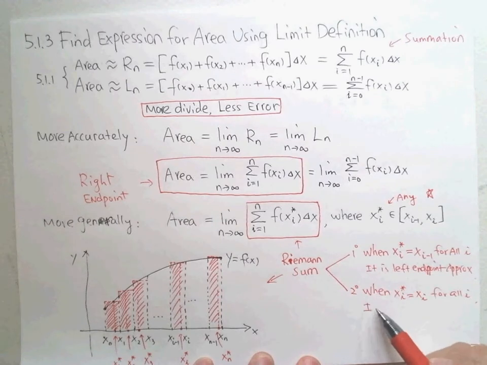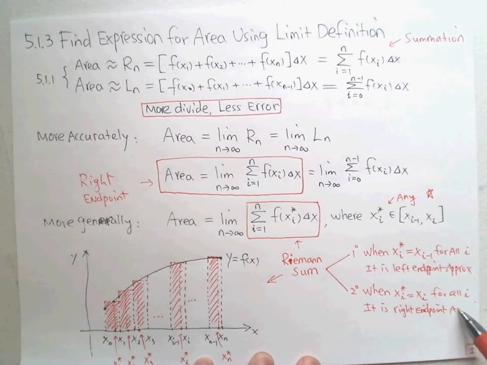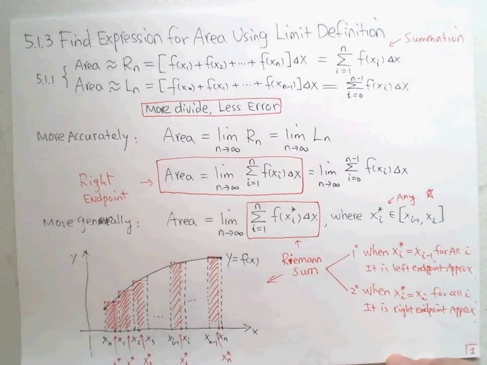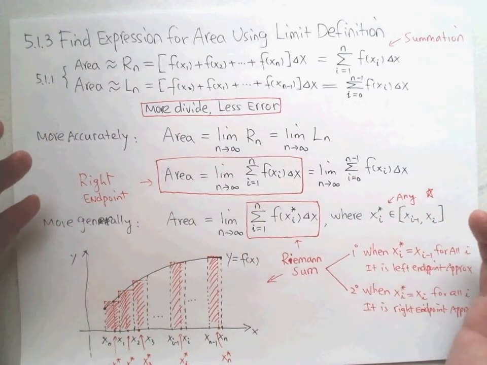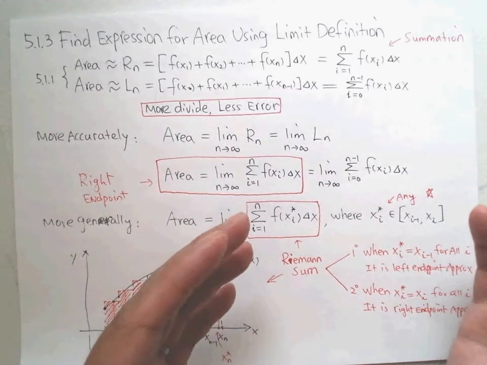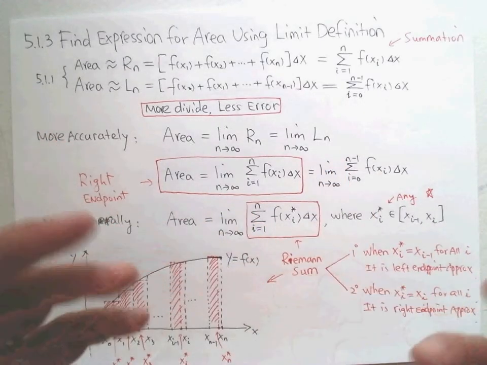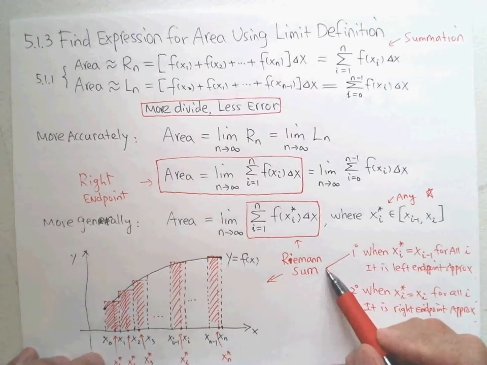In this way, if we pick the right end point, the Riemann sum is the right end point approximation. Okay, so I mean the Riemann sum is a general sum. It covers the left end point approximation, the right end point approximation, or the middle.